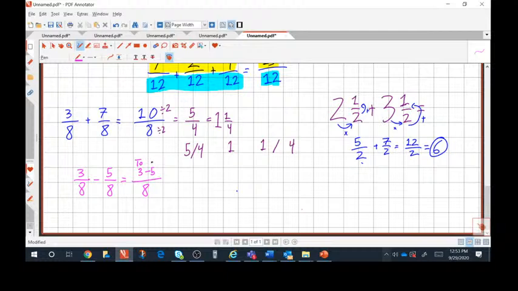If I'm going from 5 to 3, I'm standing over here on 5, and 3 is how many steps that way? 2 steps. Which way did I move? To the left, which is why that would be negative 2/8. Hello, negative fraction. I can still reduce that by 2 to get negative 1/4.